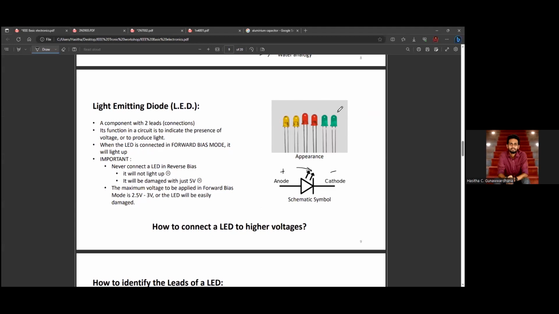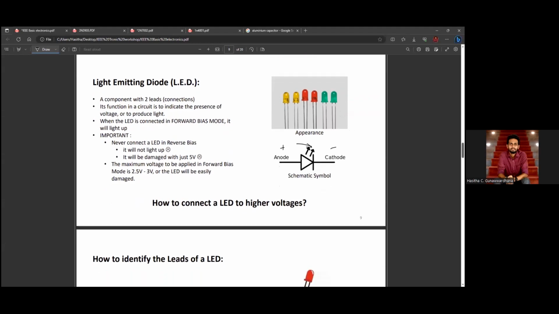There are many types of LEDs, many colors, many shapes, and many power ratings. We have a regular small LED up to 5 watt, 10 watt, 20 watt LEDs that are used in light bulbs and flashes.